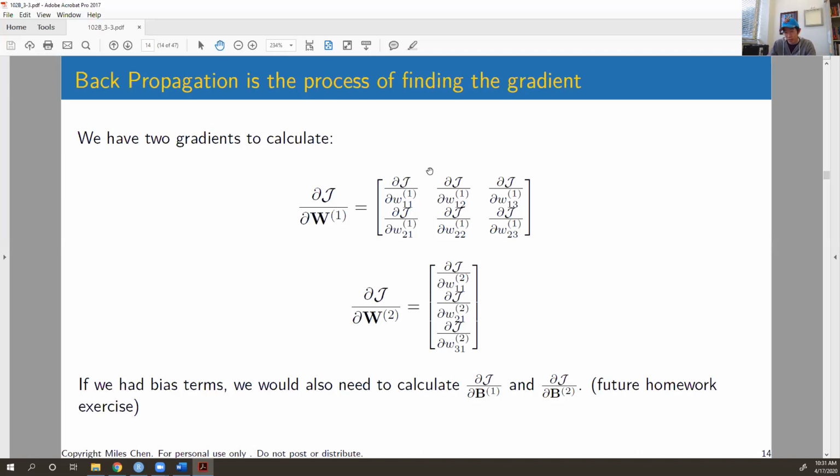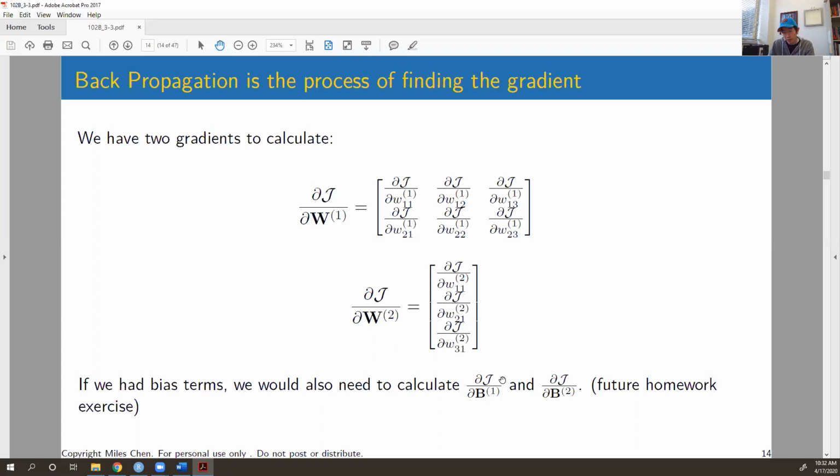And so the gradient of a function with respect to a matrix or vector is always going to be another matrix or vector that has the same dimensions, okay? So here, the gradient of J with respect to W1 is also a 2 by 3 matrix. The gradient of J with respect to W2 is also going to be a 3 by 1 matrix, okay? Because W2, the second weight matrix, is 3 by 1, right?